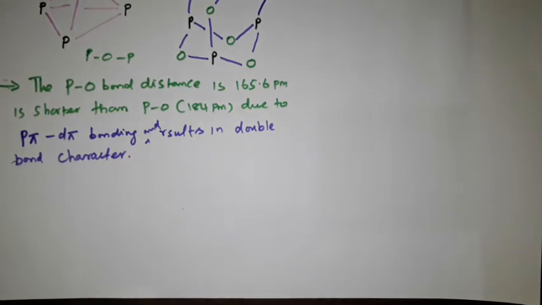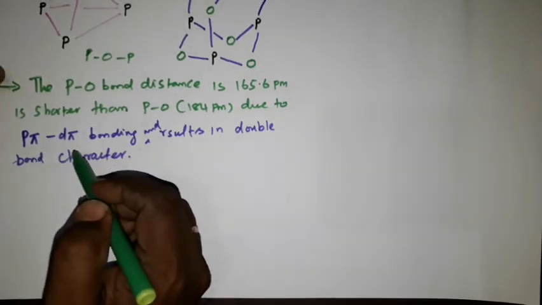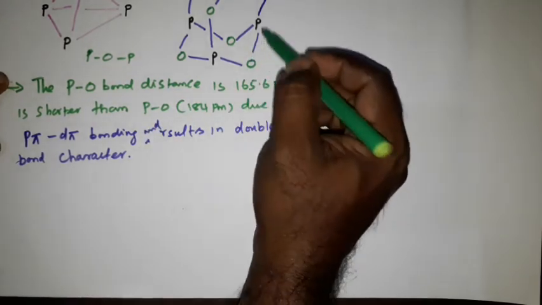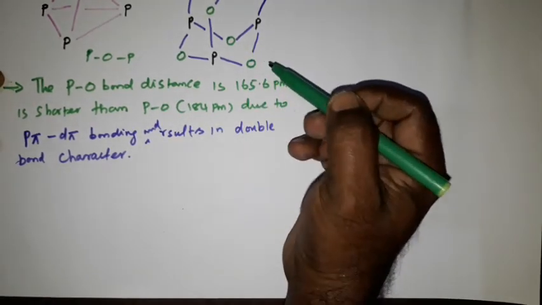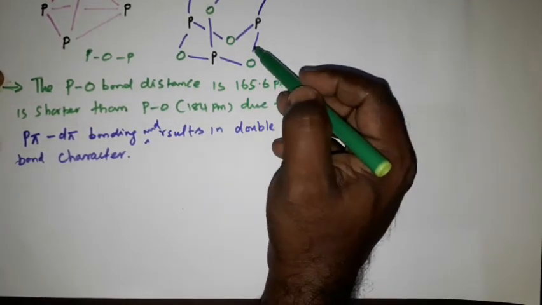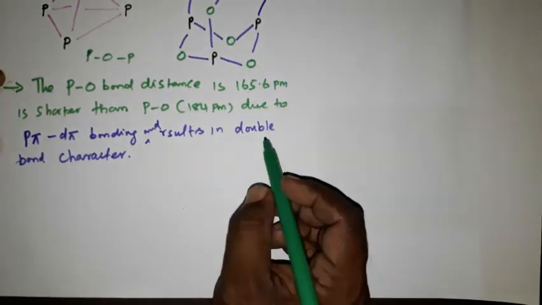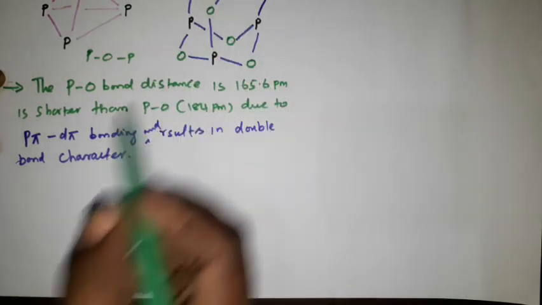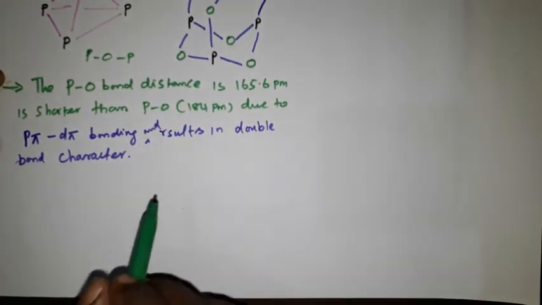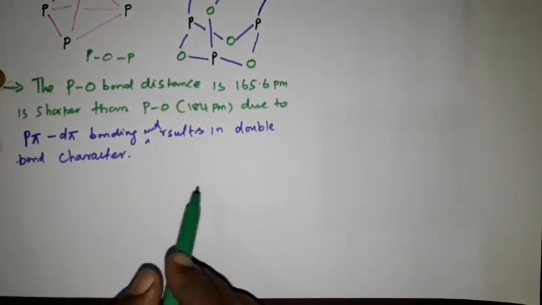Okay, so that is the reason. Always a double bond will get a shorter distance than a single bond. So that's all about the structure of P2O3. Clear?